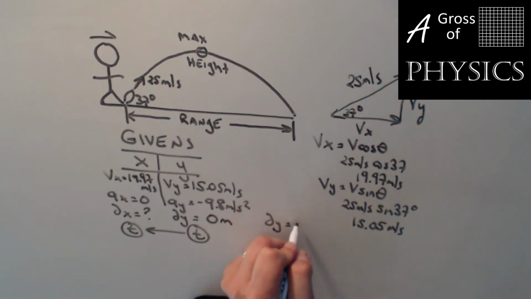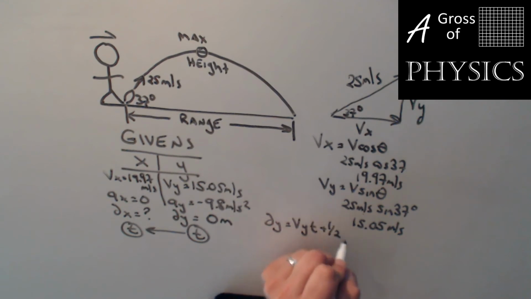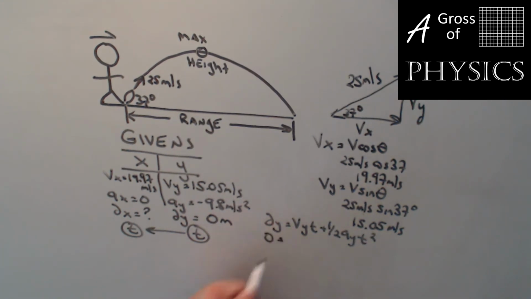dy equals Vy t plus 1/2 ay t squared. 0 equals 15.05 meters per second t plus 1/2 negative 9.8 meters per second squared t squared.